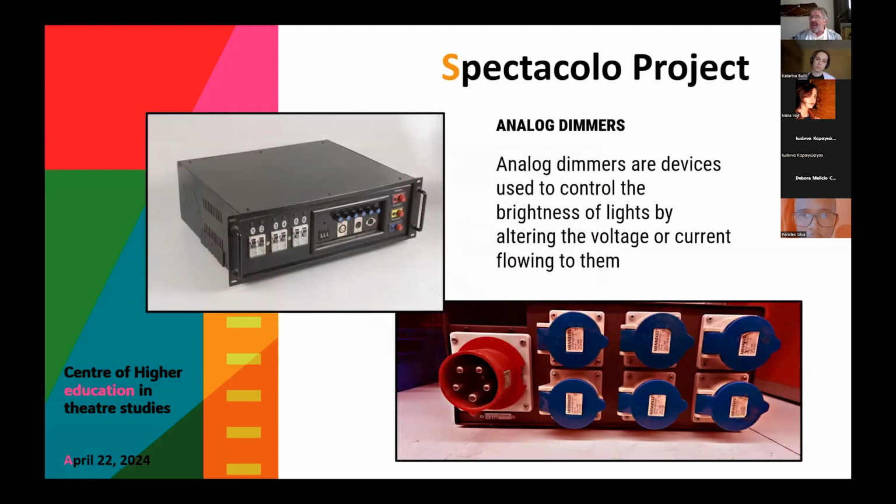Now, the analog dimmers. This is the dimmer from the front side. And this is the dimmer from the opposite side, the same one. Here, it goes to the three-phase voltage.